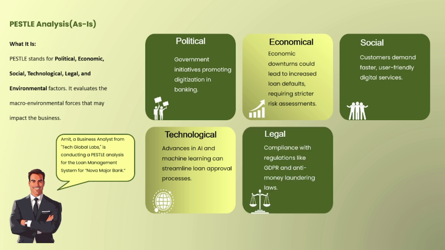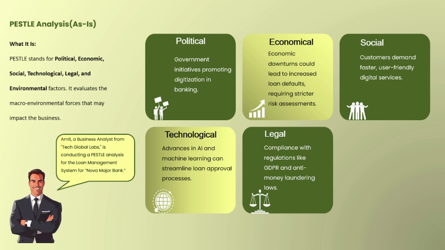Then next is legal. Compliance with regulations like GDPR and anti-money laundering laws. Means legal or regulatory compliances which need to be taken care of while developing any particular system and analyzing the current state. In the current state, we check whether they have considered data protection of the customer in their loan management system.